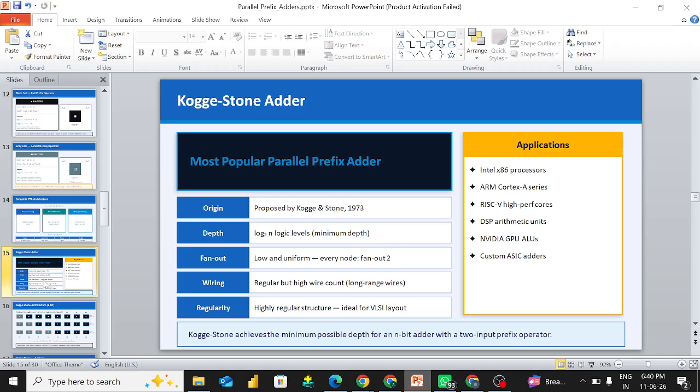Then the propagate signal is saying, I have only one input as one, so I am going to propagate the carry I received from another adder to the next adder. This was the job of the propagate signal.